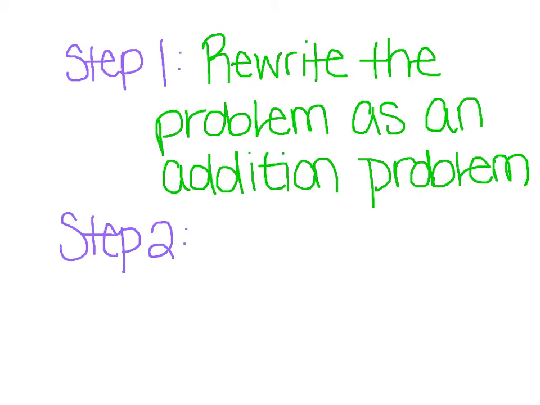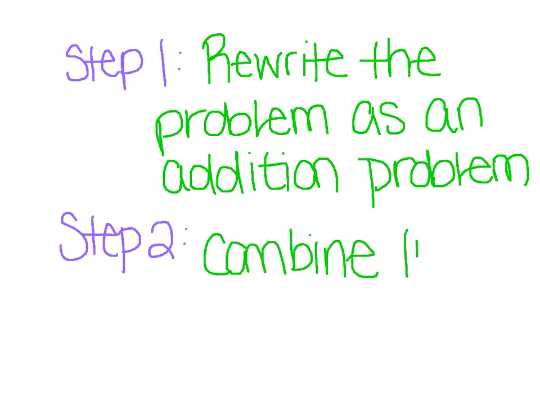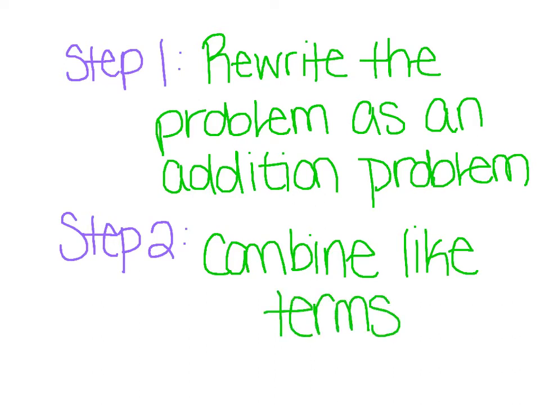After we've rewritten the problem as an addition problem, we can then add, and the way we do that is by combining like terms. So if you can change the problem into an addition problem, then it will be a lot easier.